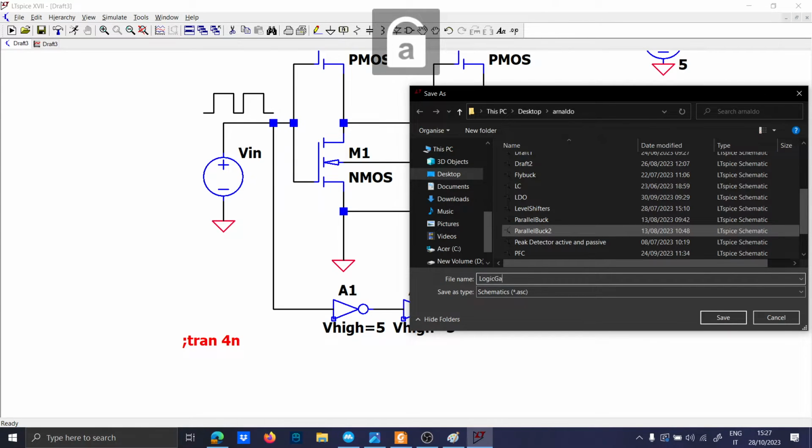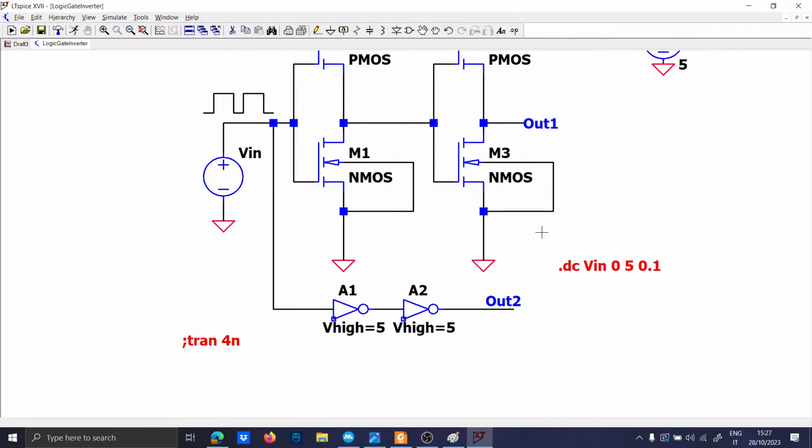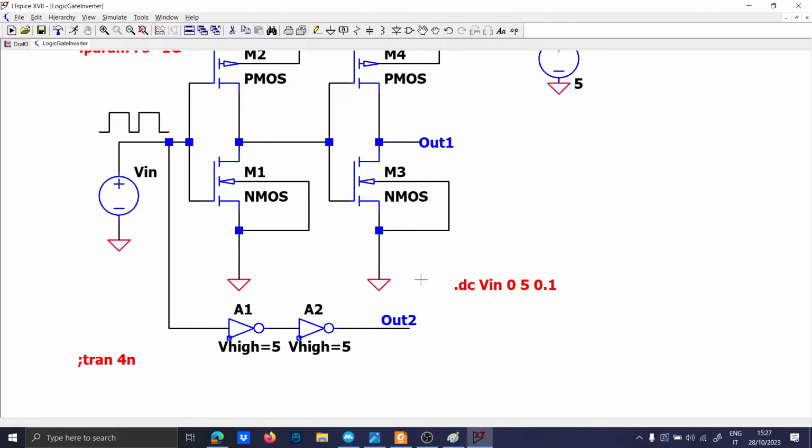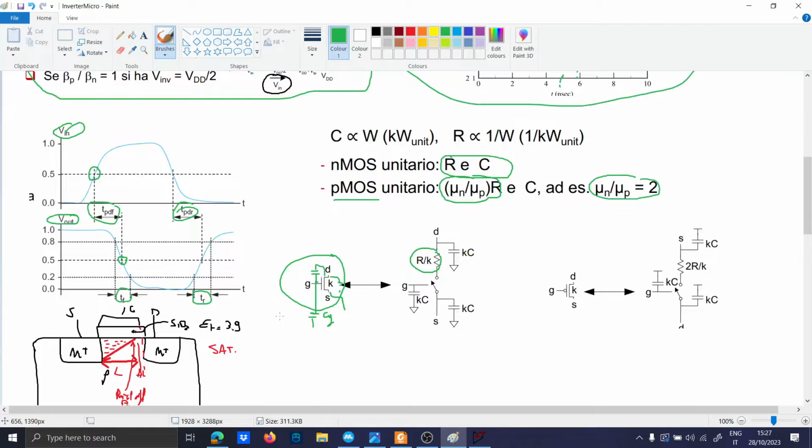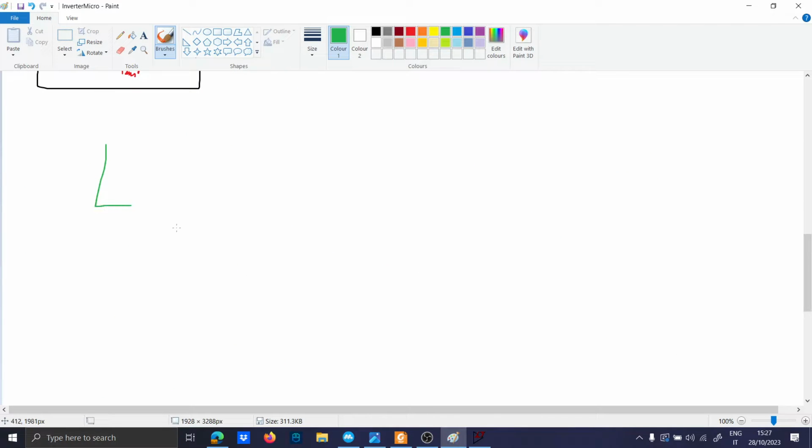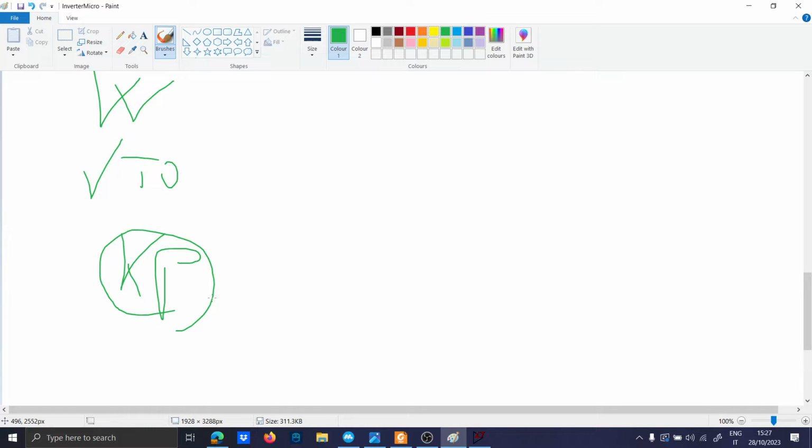Logic gate inverter. And second, you want to characterize the MOSFET by basically the 4 most important parameters, which are L, W, VTO, and KP. What is KP? Well, if you don't remember, KP is basically the constant related to the oxide capacitance of the MOSFET.